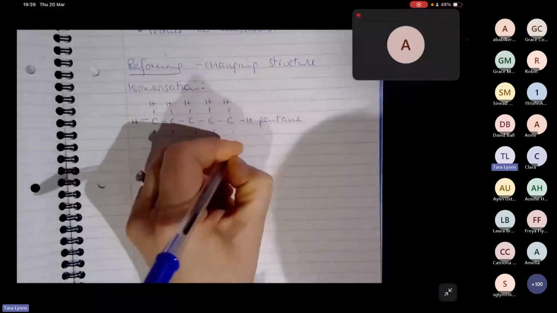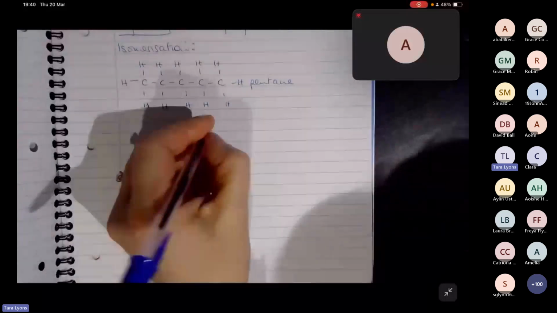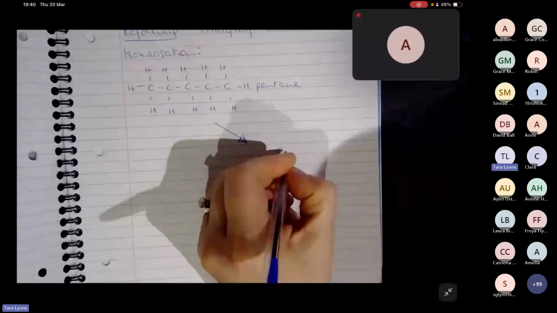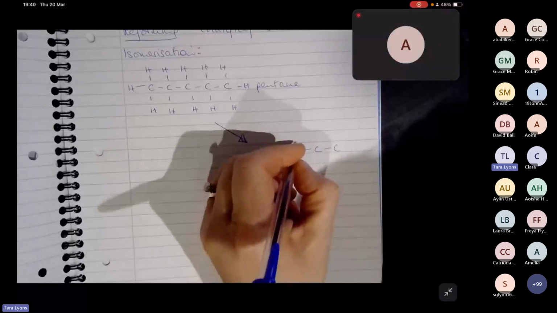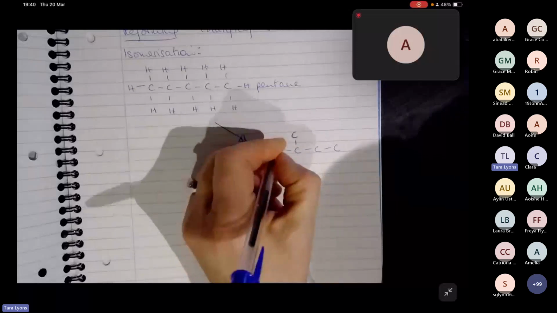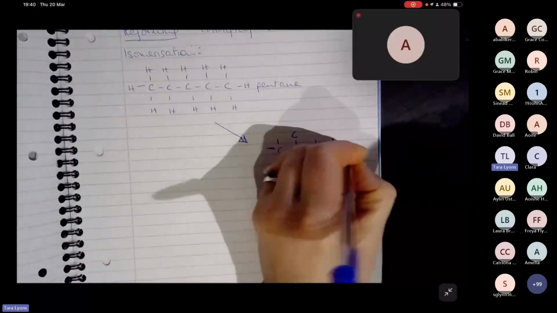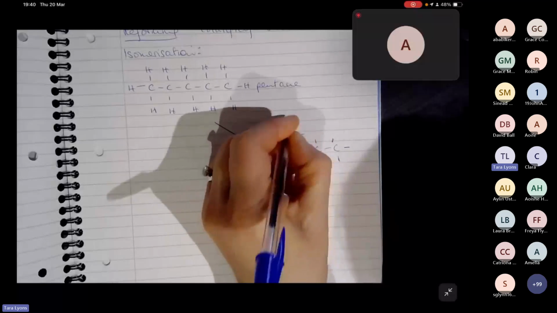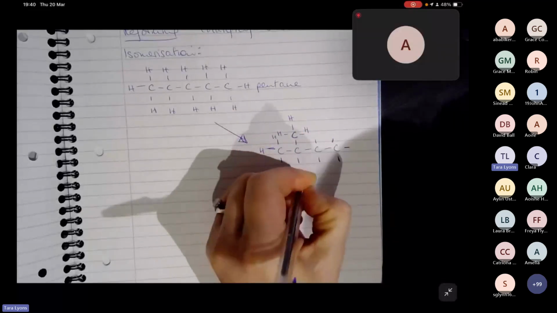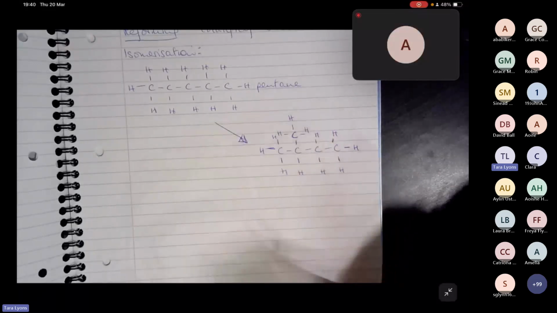If I carry out isomerization, I'm going to take one molecule of pentane and make it shorter. It's going to go from 5 carbons to 4, and I'm going to have the 5th carbon as a branch. So there's an example of isomerization, because I have the same numbers of carbons and hydrogens, but I have a shorter chain with a branch, so that's going to have a higher octane number.